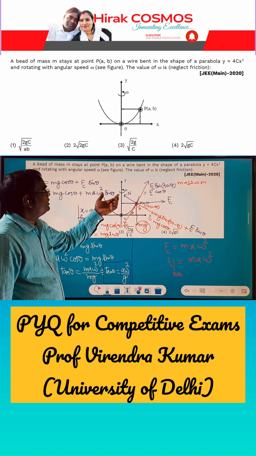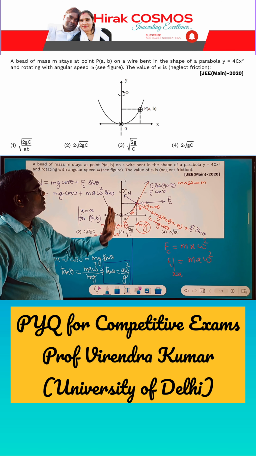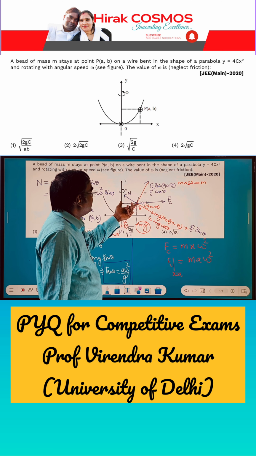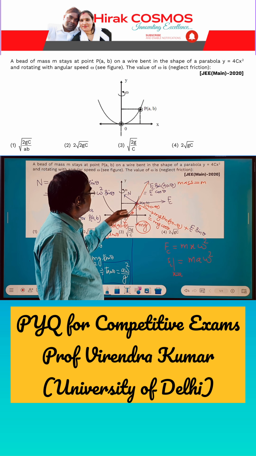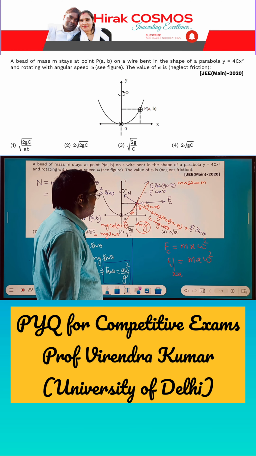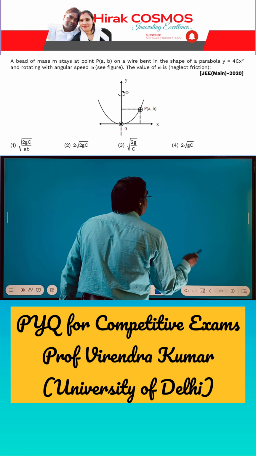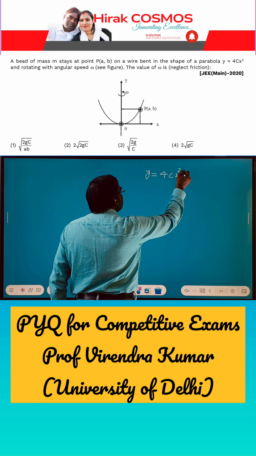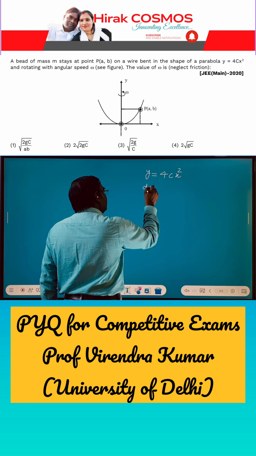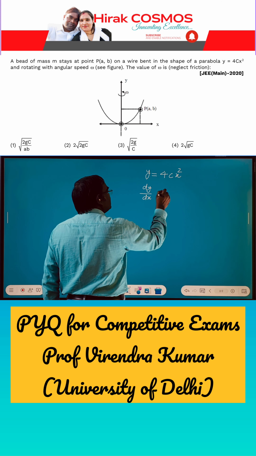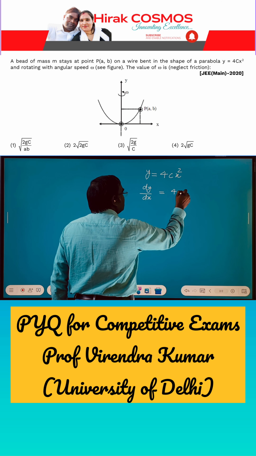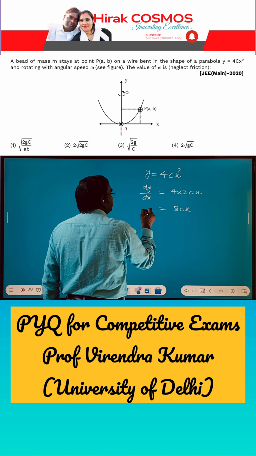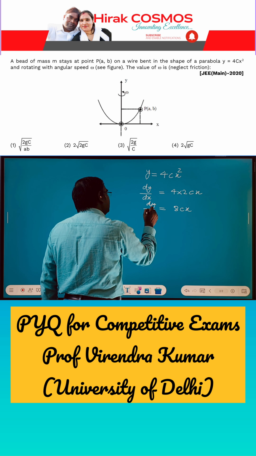Now, since the equation for the parabola is given y is equal to 4cx square, we can get the slope of the tangent at point P. The slope of the tangent at this parabolic wire at point P is given by, y is equal to 4cx square. So the first derivative of y with respect to x is equal to 4 into 2cx, that is 8cx, and this is the dy by dx.